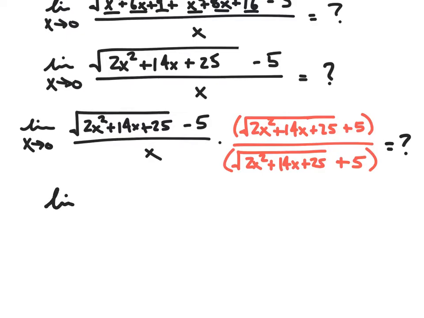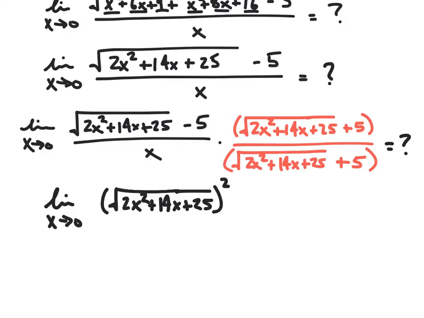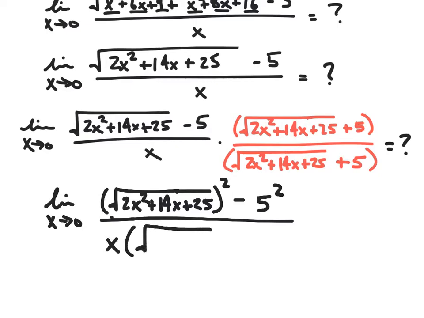And so I end up getting the limit as x approaches 0 of the quantity square root of 2x squared plus 14x plus 25, that quantity squared, minus 5 squared, all over x times the square root of 2x squared plus 14x plus 25, and then plus 5 down here. And that's equal to what?